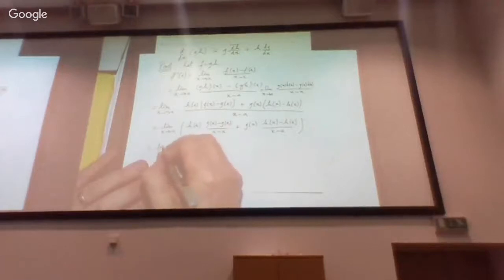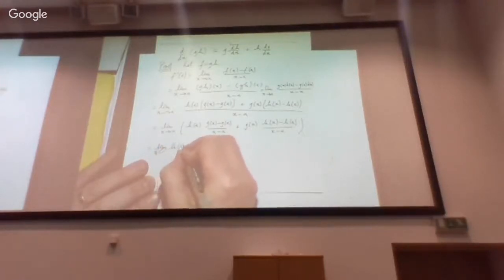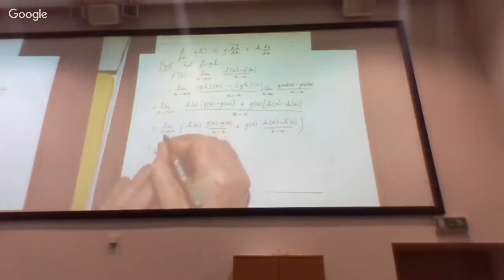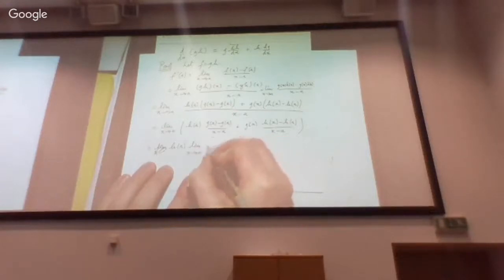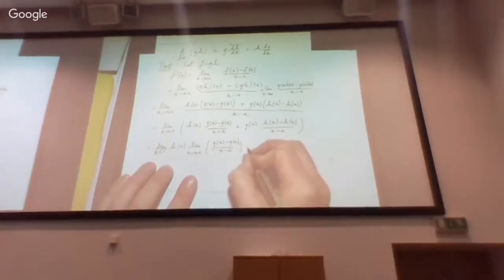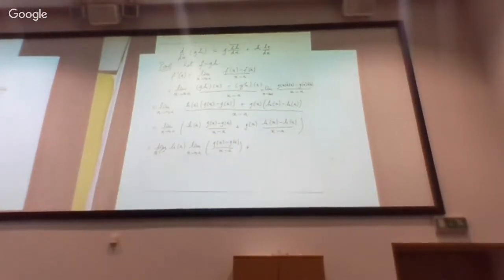So for all of this, using the limiting value of functions, I can split this apart. So the h of a is a constant as far as x is concerned. So I use linearity to split apart this plus here and to take that factor h of a outside of the limiting process.